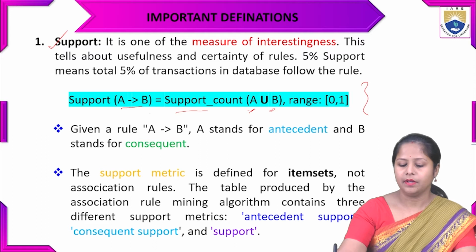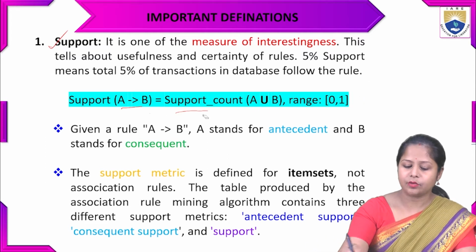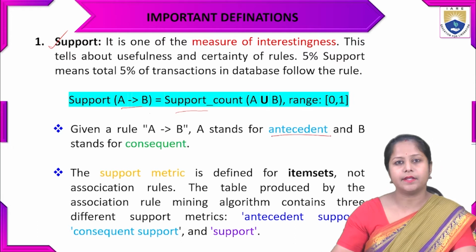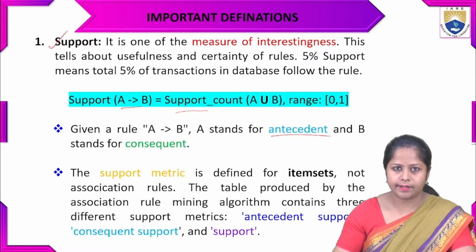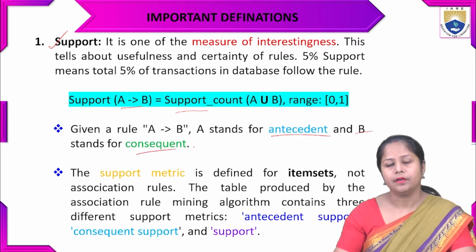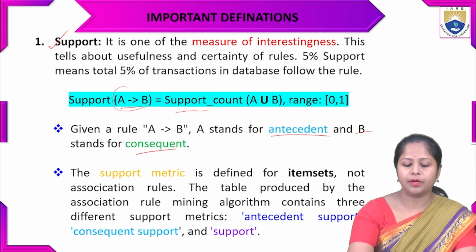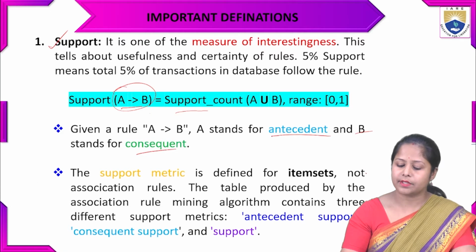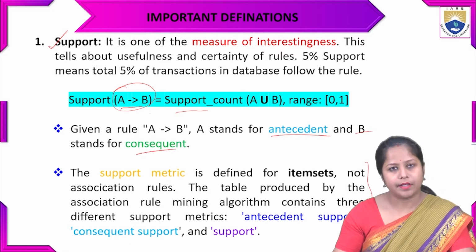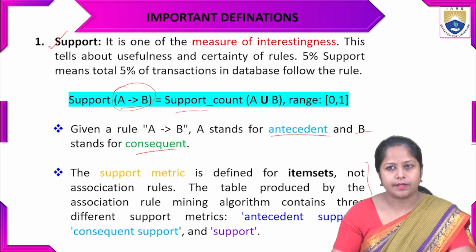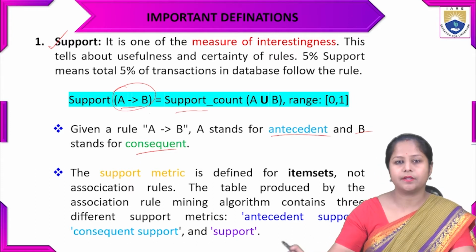Given a rule A to B, A stands for the antecedent and B is the consequent. The support metric is defined for item sets, not for the association rules.